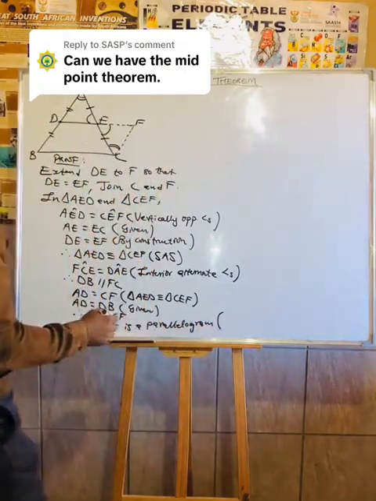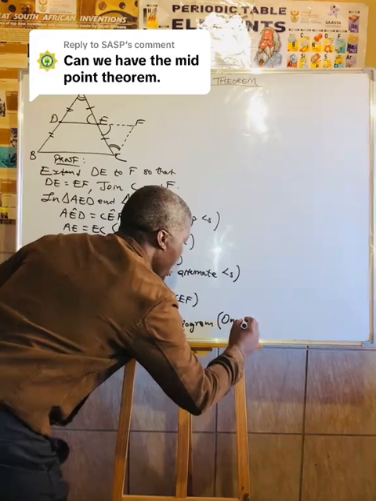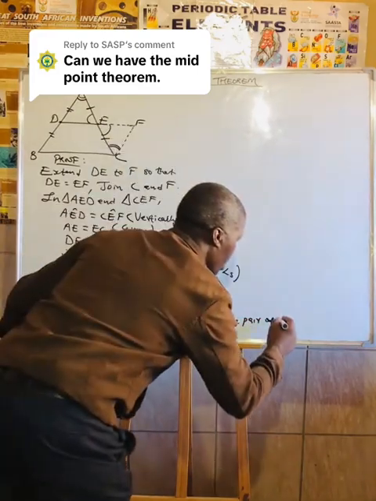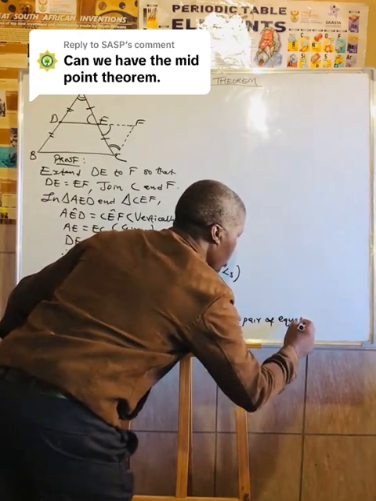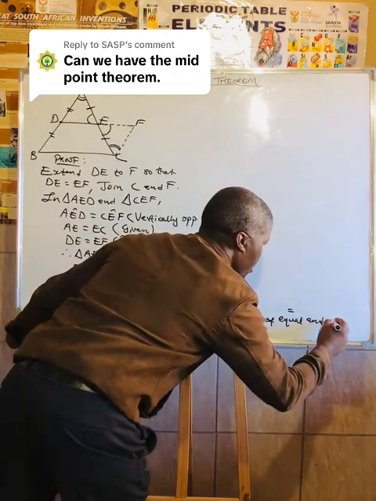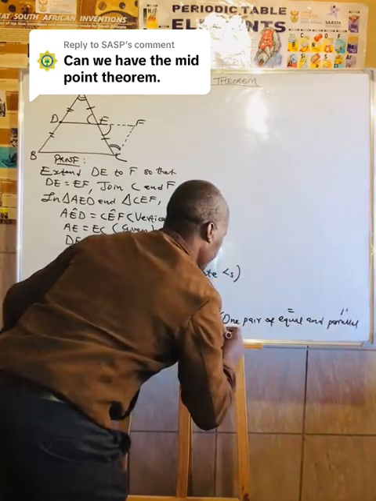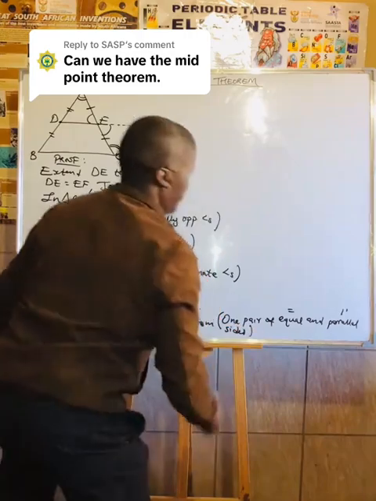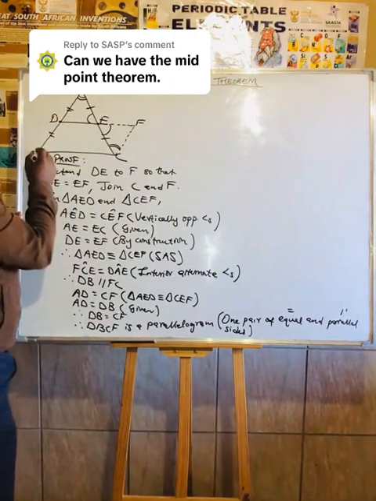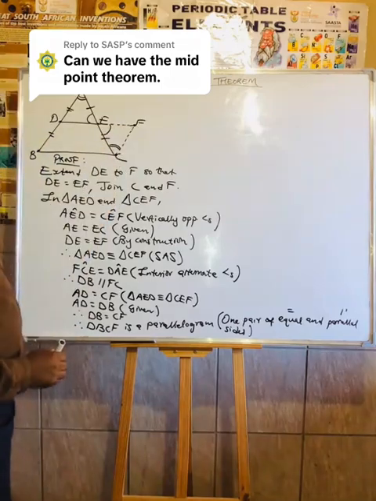The reason is that we've got one pair of equal and parallel sides. DBCF is a parallelogram.